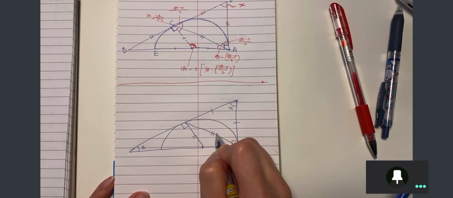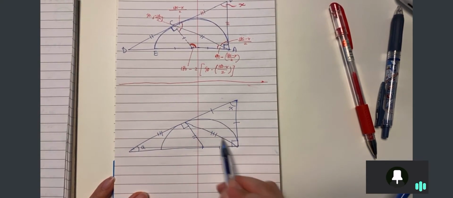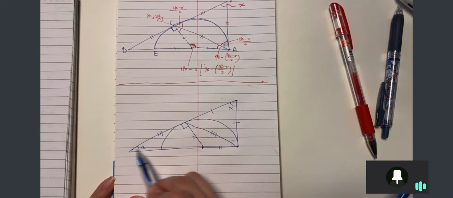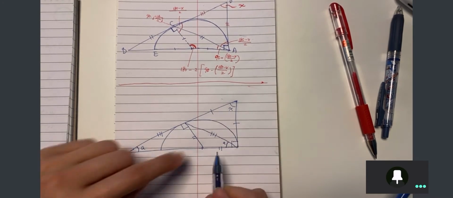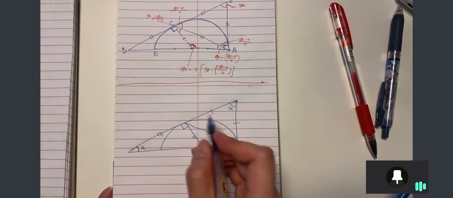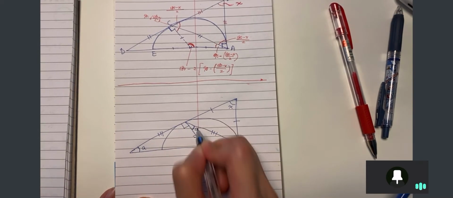And then given that these are isosceles triangles, this one is A, this one also A, and then from this isosceles triangle, this one also A. Much easier, right?